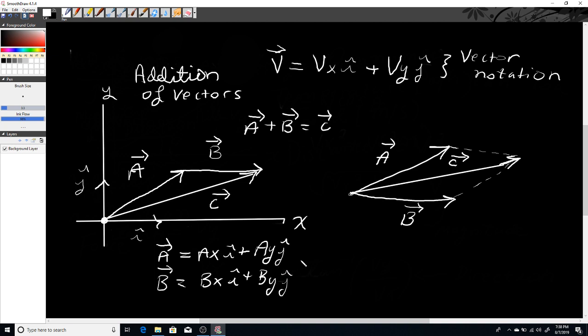So if we want to add A and B, what we have to do is add the x components together and get a resultant x component, which is the x component of C, and add all the y components up to get a resultant y component. And that is done like this.